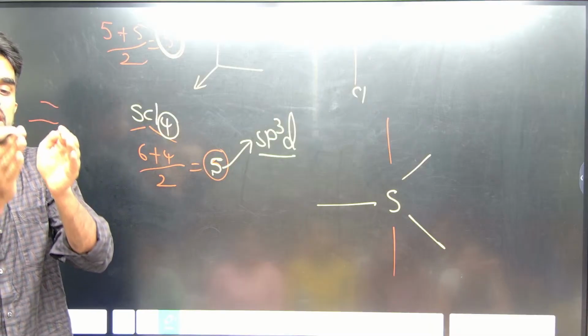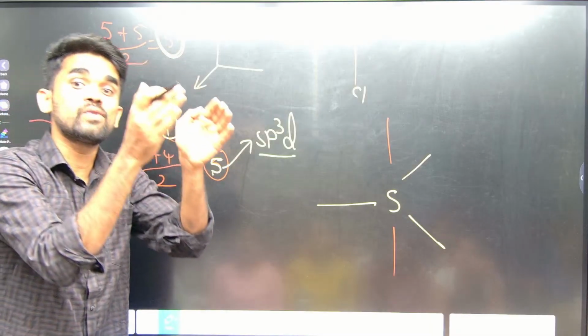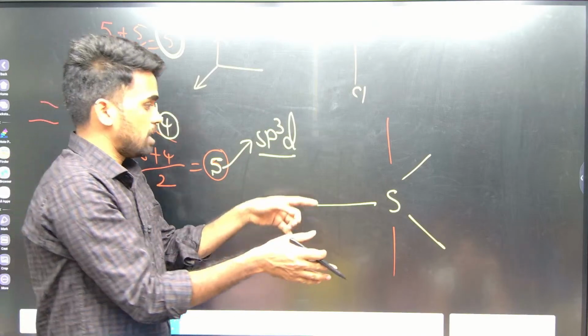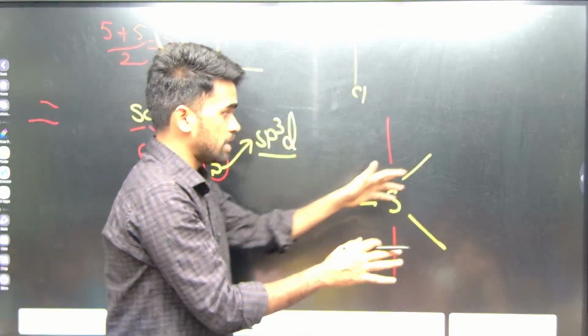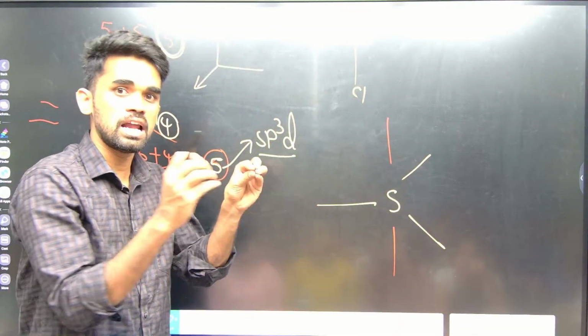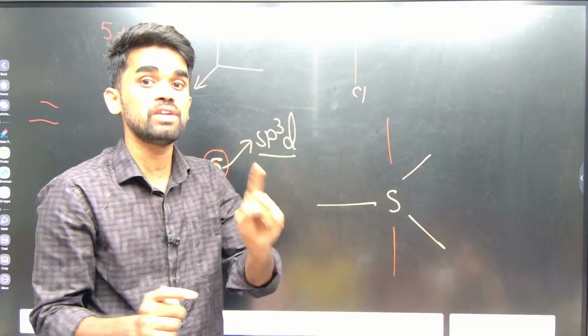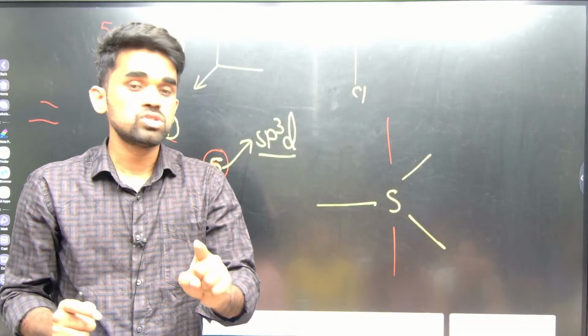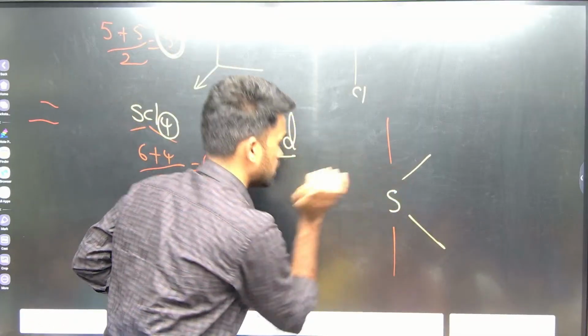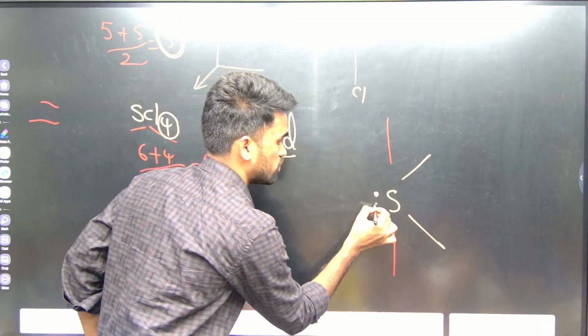Try to place the lone pair electrons in the equatorial position. Sir, can I put here? Yeah, you can put, or here, or here. It's completely your wish. All of them give the same structure. But they must be in which position? Equatorial. So first you place the lone pairs in equatorial. So I am erasing this line and I am placing the lone pairs first.